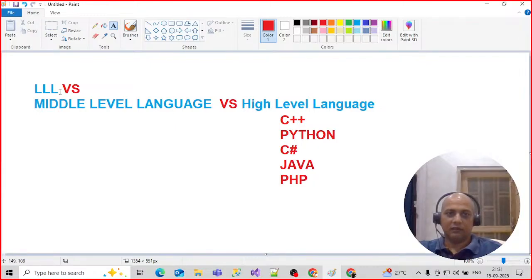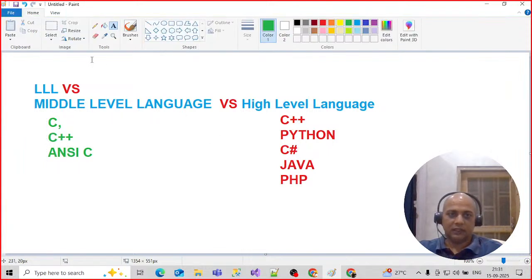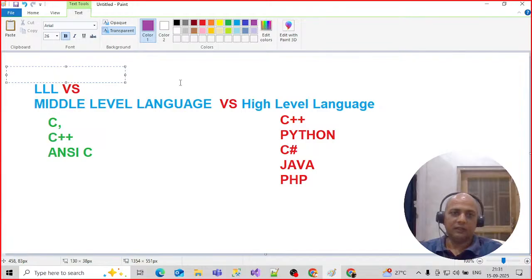In middle level language we used C, C++, or you can say ANSI C. And in low level language we used assembly language for the different microprocessors.